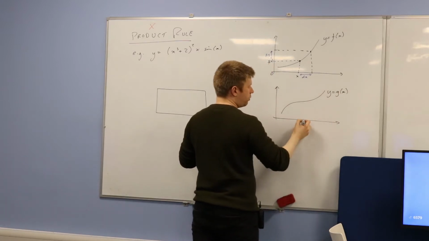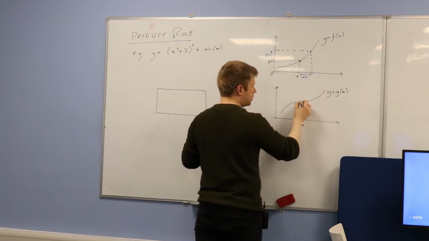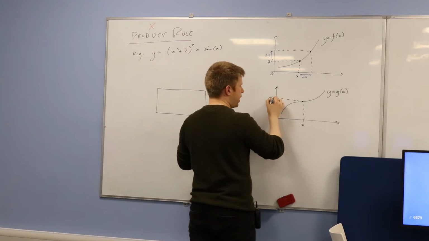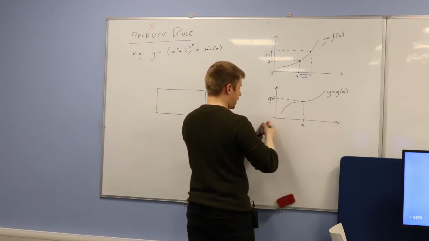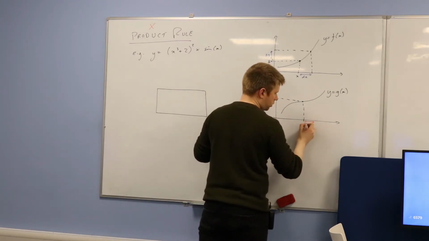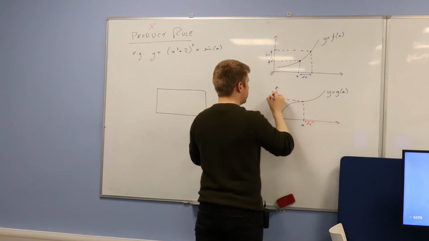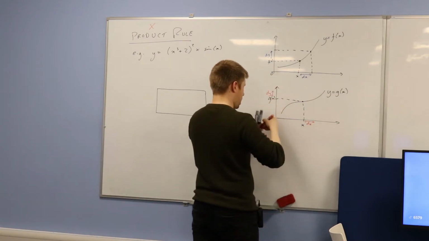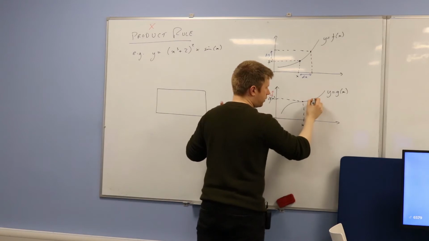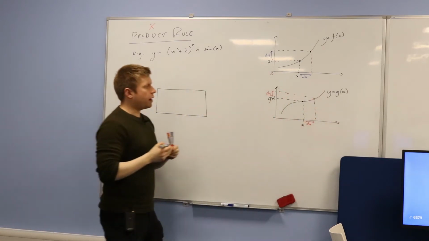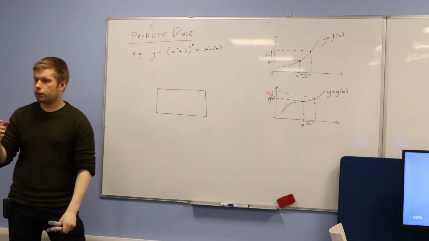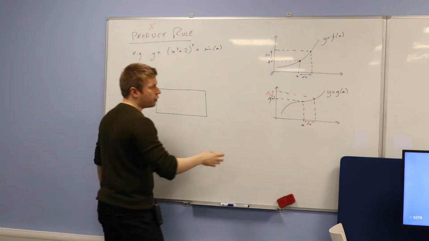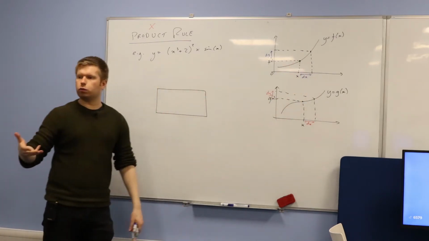Okay, and again, we work out some particular point over here, which is going to be g of x. And then we have some change in the x direction, some change in the y direction, okay, which then effectively means we have now an area which we're talking about instead of just a single function. Does that make sense? Yeah? So we're now looking at an area because we end up multiplying the two functions together.